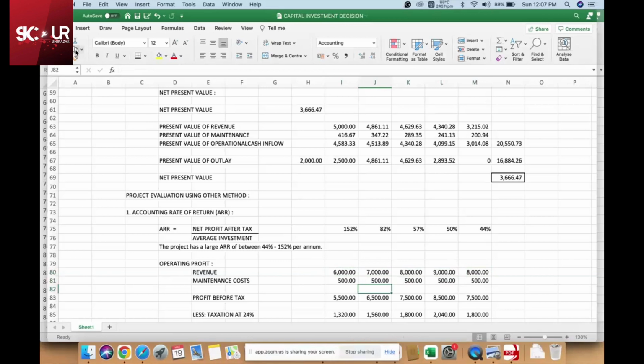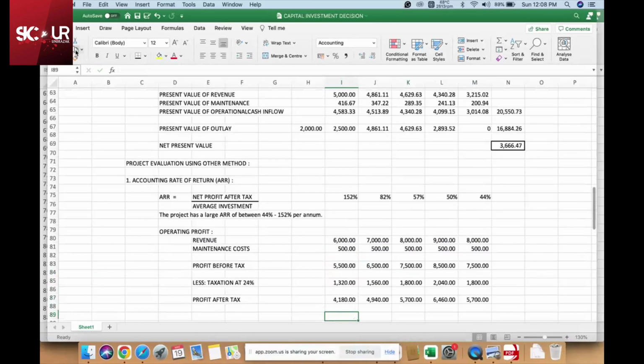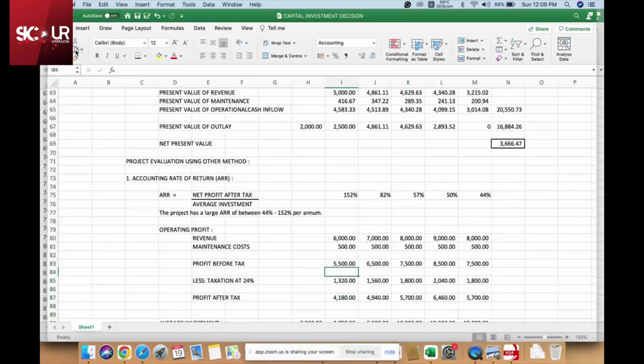The same thing with the 500, and then you take the difference between revenue minus maintenance costs, which becomes profit before tax. So you just basically take 6,000 minus 500, and then you copy through, and then you will now work on the taxation at 24%.